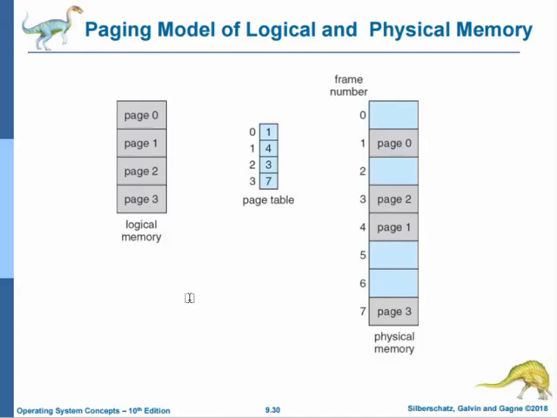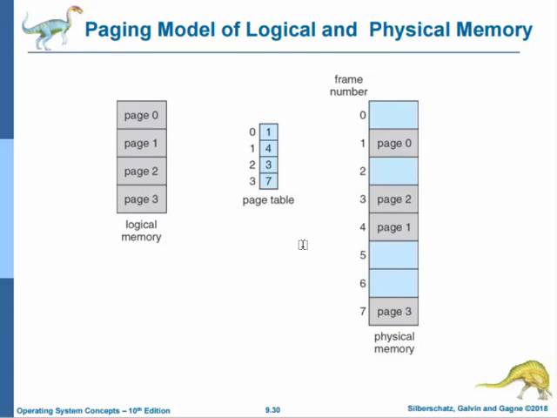Number 2, it extracts the corresponding frame number F from the page table, and then it replaces the page number P in the logical address with the frame number F. As the offset D does not change, it is not replaced, and the frame number and offset now comprise the physical address.